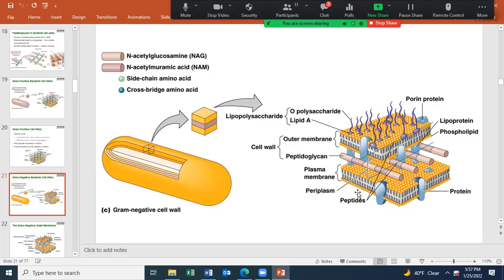And I mentioned in the gram-positive cell, you can have hundreds or thousands of layers of peptidoglycan. In the gram-negative cells, you have fewer layers, but it's more than one. Everybody got that? And we'll just say there are several layers of peptidoglycan, but probably fewer than 100.